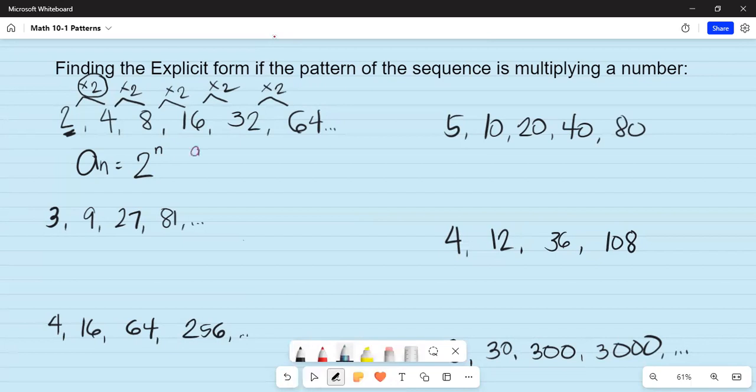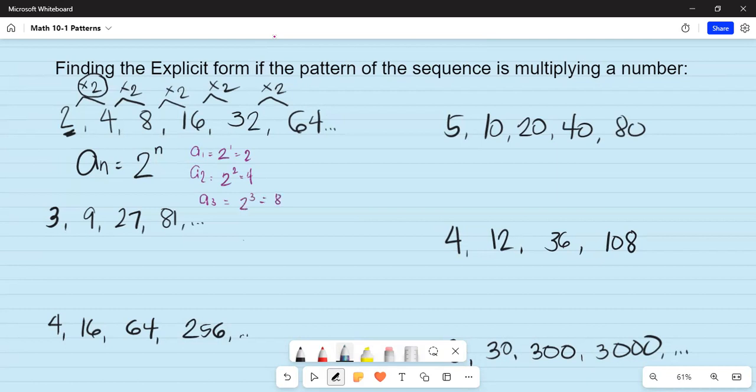So if we will try to solve this, for a sub 1, it becomes 2 raised to 1 is equal to 2, which is our first term. For our second term, that becomes 2 raised to 2, which is 4. That's equivalent to our second term. A sub 3 is equal to 2 raised to 3, and that is 8. And so on.